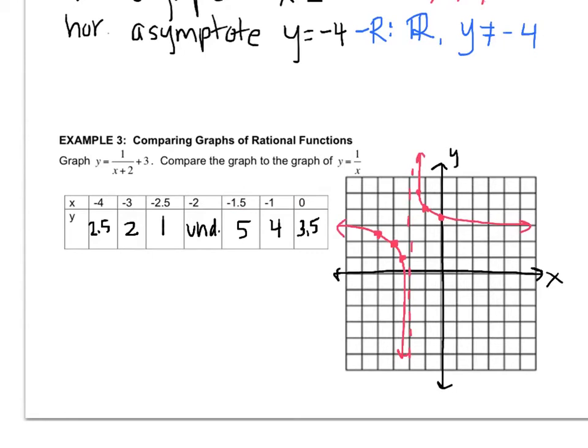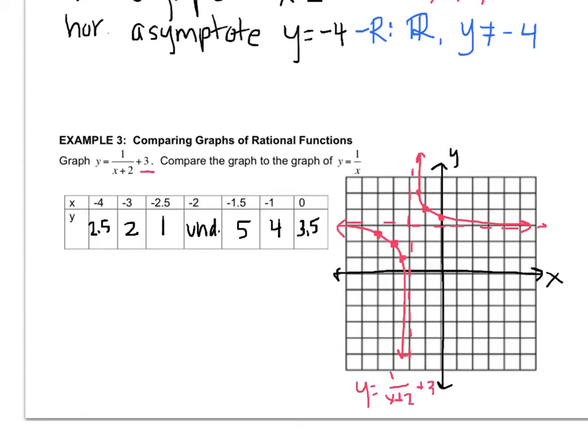You want to be careful because according to the equation, you also have an asymptote at y equals 3. So you want to make sure that you don't touch the line y equals 3. See, I came really close. So don't touch that line. This is y equals 1 over x plus 2 plus 3. So that's the first half.